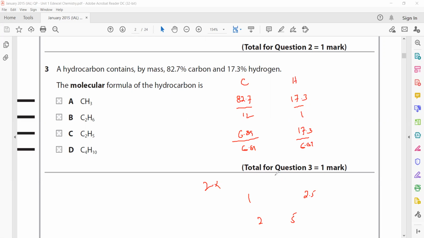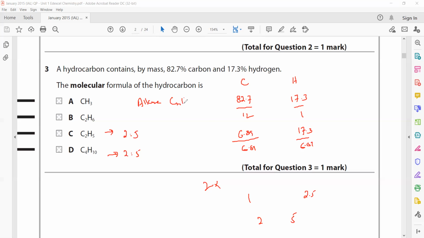So the empirical formula shows the simplest ratio between the atoms. So the simplest ratio should be 2 is to 5. So either C can be the answer or D can be the answer because both have the ratio 2 is to 5. But C does not support any structure, because it should be a hydrocarbon, which can be an alkane.